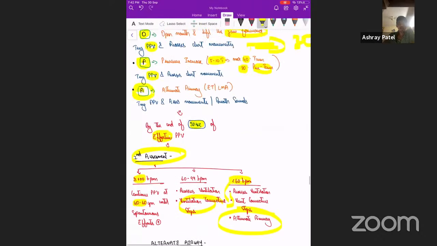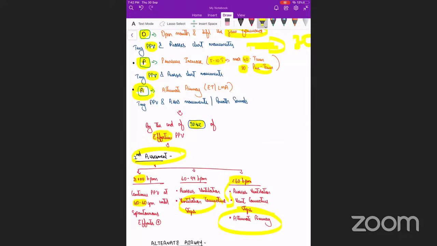Until here, you guys have any doubts? Any doubts? So if a neonate is delivered but did not cry after birth, immediately heart rate is 46.